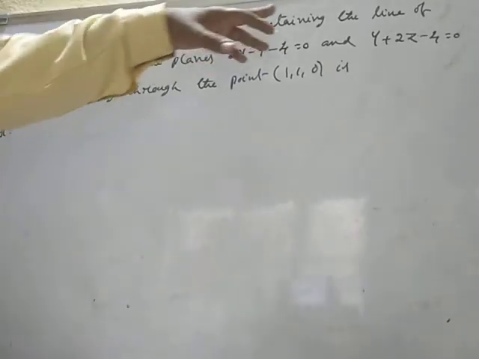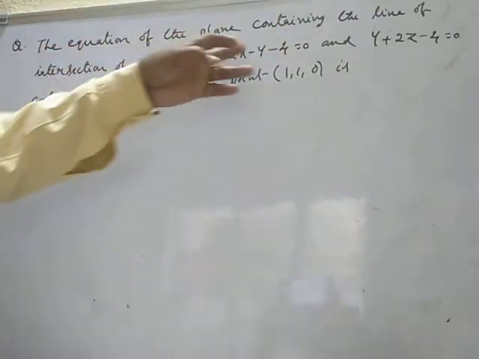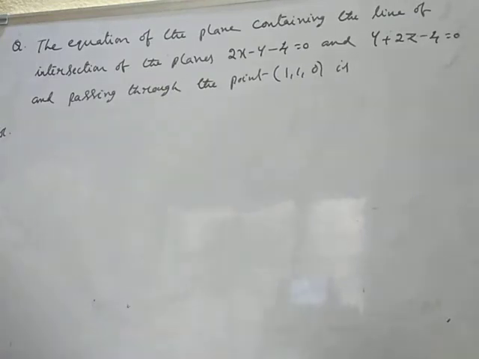The equation of the plane containing the line of intersection of the planes and passing through the point.